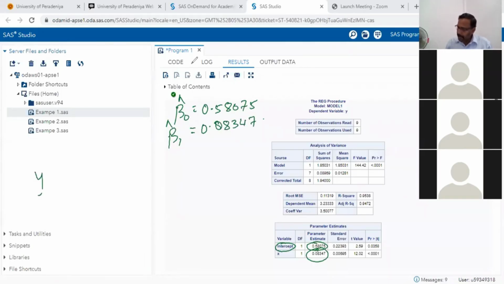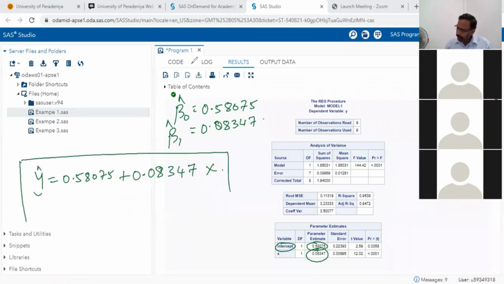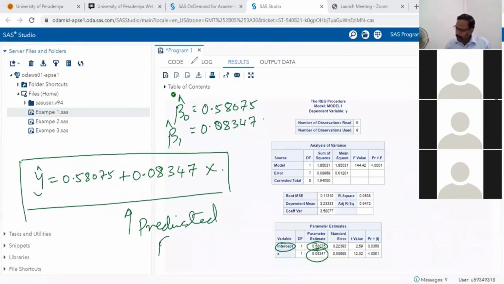So we can write down the equation as 0.58075 plus 0.08347 X. So this is my predicted equation.